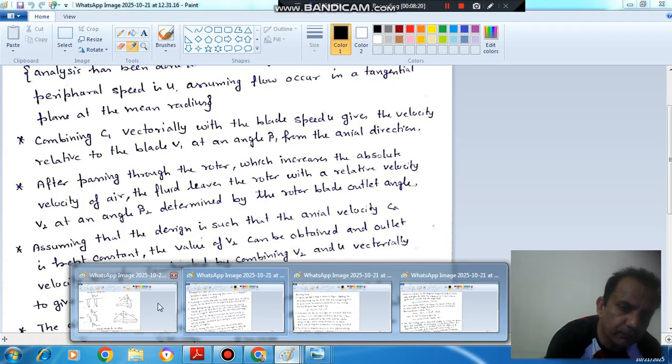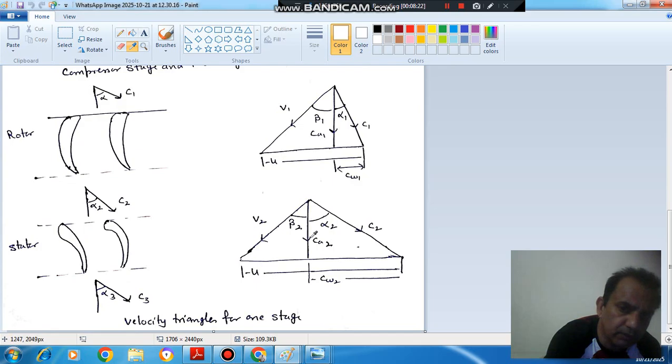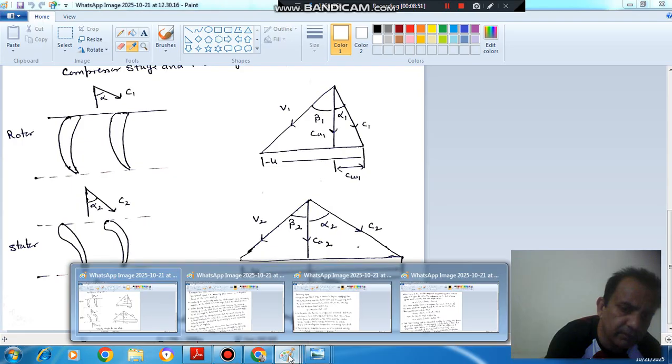So now we know the values of Ca2 and Ca1 because we are assuming that they remain the same, and this beta 2 is known, so we can find V2, and we know this U also. So after drawing this and then this U, we can find this point, and then joining this point with the initial point will give C2 at this angle alpha 2. From that Cw2 and C2 can be determined.